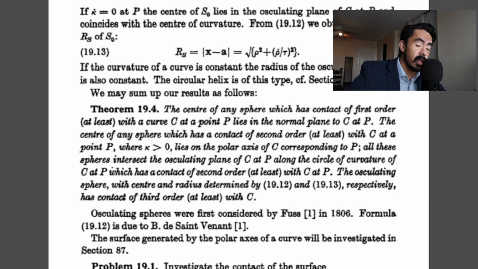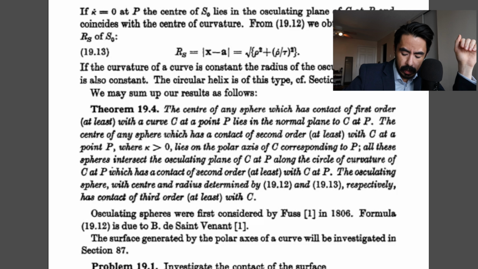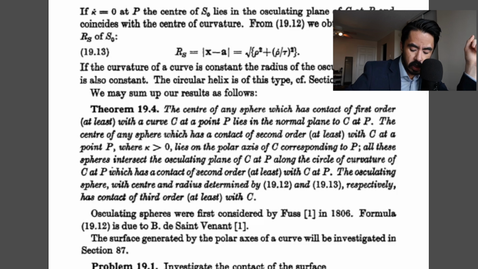And this video is getting pretty long, so I'm just going to close it off here, and I'm not going to do the problems. I might do that in the next video. But osculating spheres were first considered by Nicholas Fuss in 1806. Nicholas Fuss is a Swiss-Russian mathematician, and he wrote about these in a Latin text, which is called De Spheris Osculantibus.